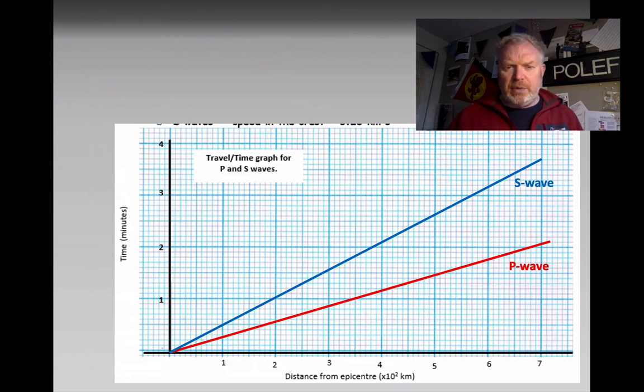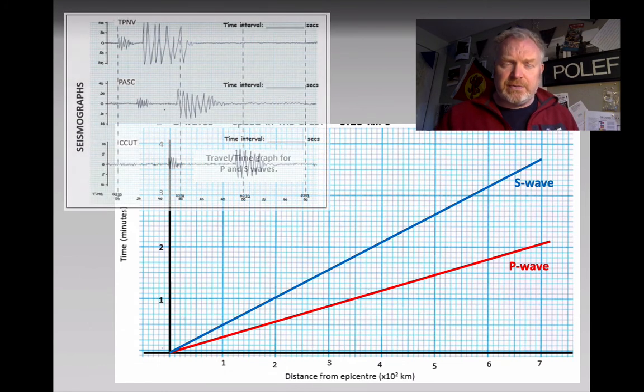So at any particular place, there's going to be a difference in time between P waves getting there and S waves getting there. It's this gap that tells us how far those waves have travelled from wherever the epicentre is to the station we detect them.